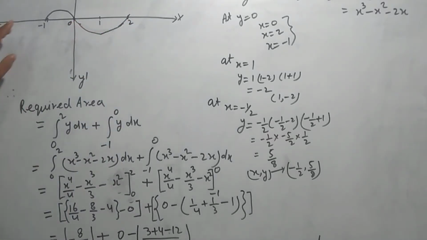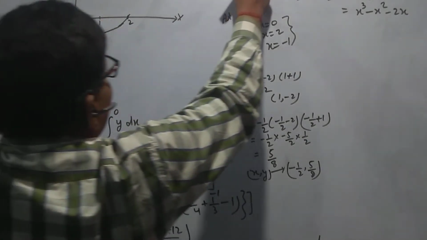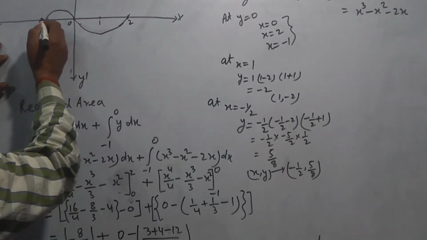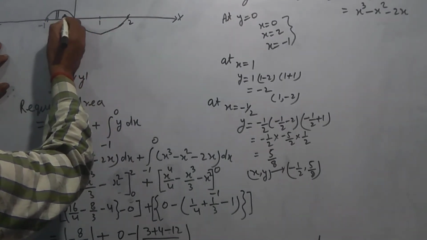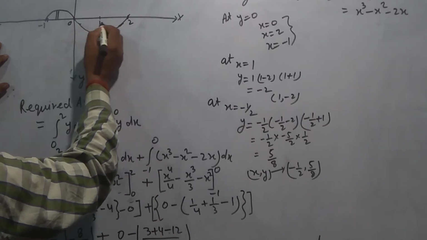Now find the area enclosed by the x-axis and y, this area and this area, the total area.